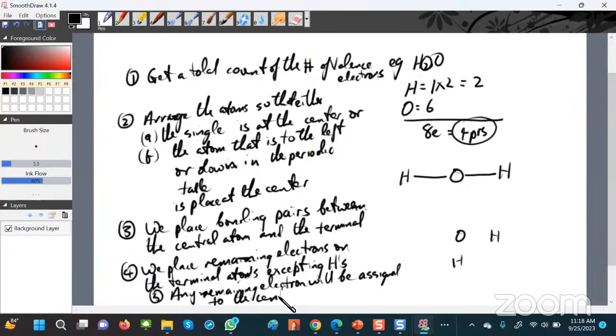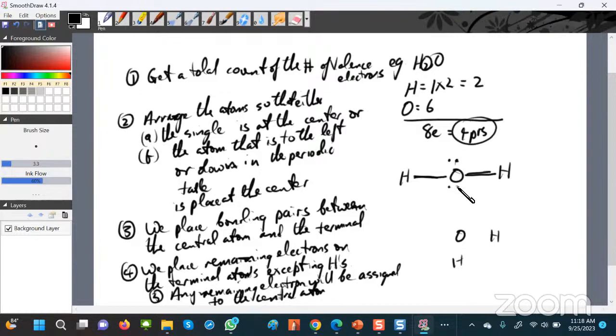All right. So that means that in the case of water, remember now we use 2 bonding pairs here and here. We cannot put any more electrons on the hydrogen, which means that the other pairs of electrons will go on the oxygen, and therefore that would be the Lewis structure for water. All right. So those are basically the general steps.